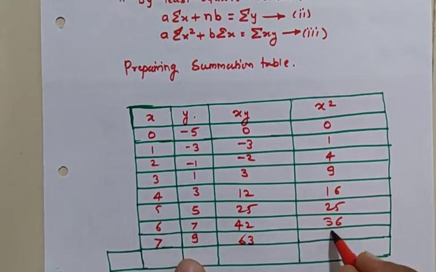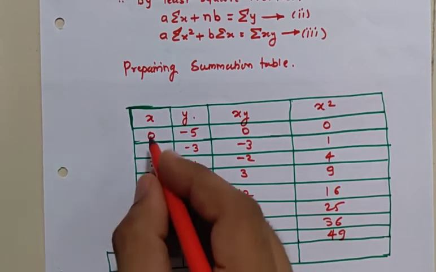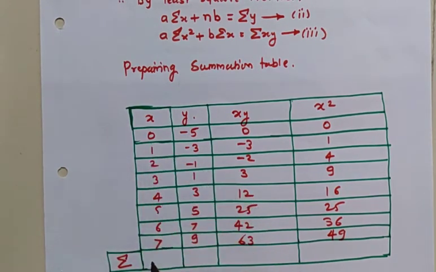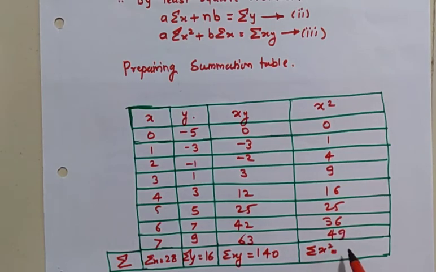Square of 7 is 49. Now observe their summation values. Summation of x is 28. Summation of y is 16, taking the addition of all these elements. Then summation of xy you will get 140, and summation x square you will get 140.